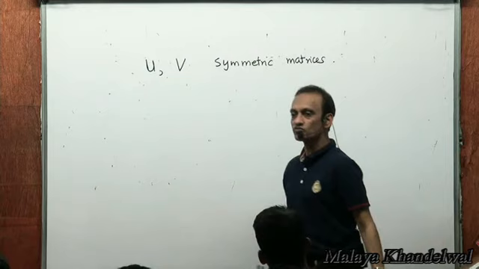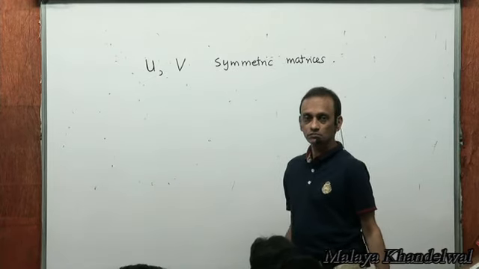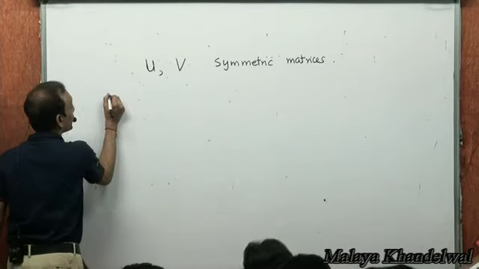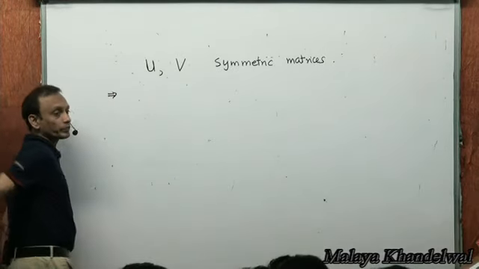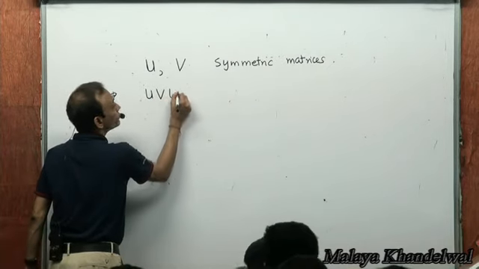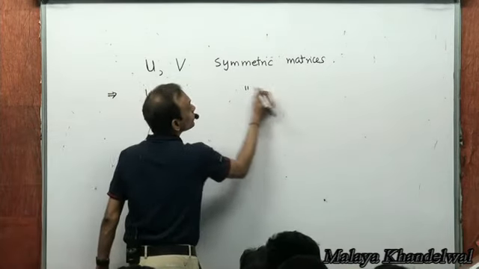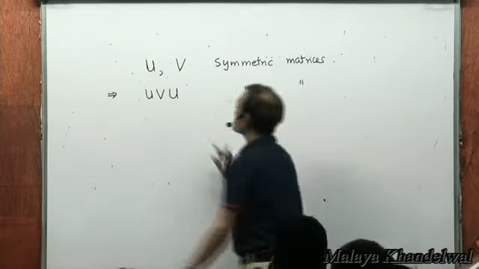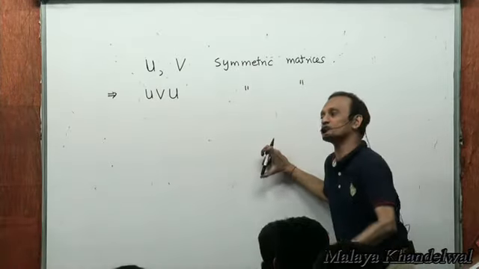Then I claim that UVU will also be a symmetric matrix. If U and V are symmetric matrices, UVU will be a symmetric matrix, I claim.